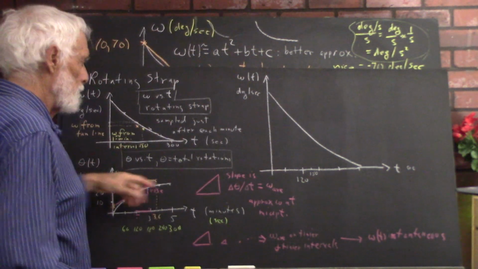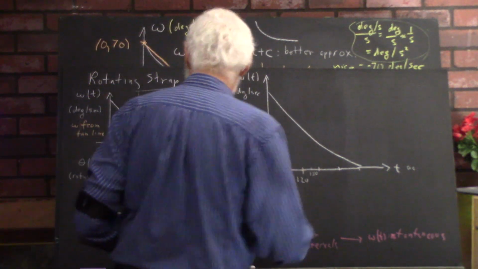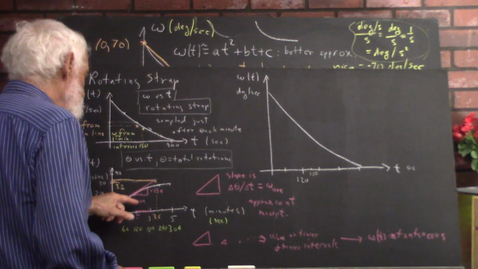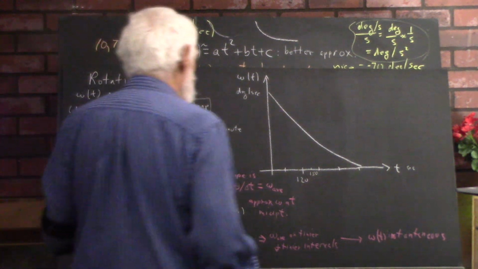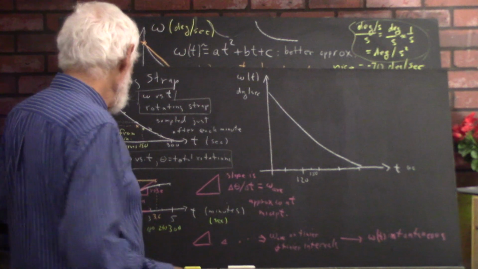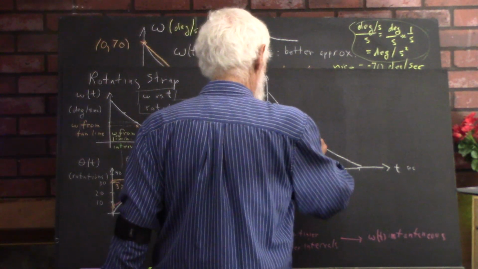What I drew here ended up needing too much labeling, so I'm going to do it on a bigger graph. If we take the slope of the tangent line at this point, that's going to give us a value of omega. Now we're going to have to convert between rotations per minute to degrees per second, but it'll give us a value of omega that we can put on this graph.